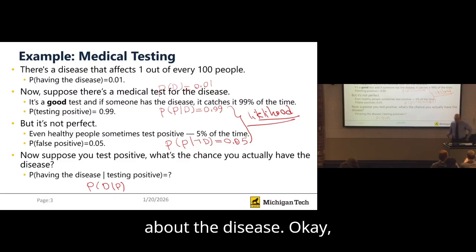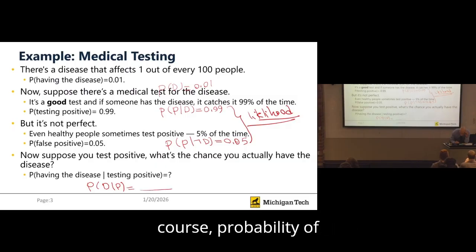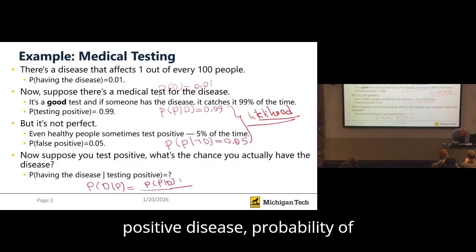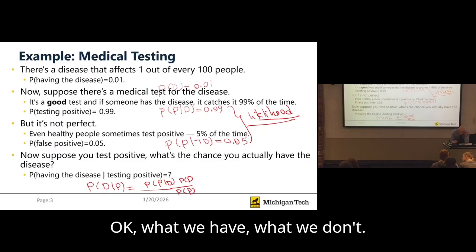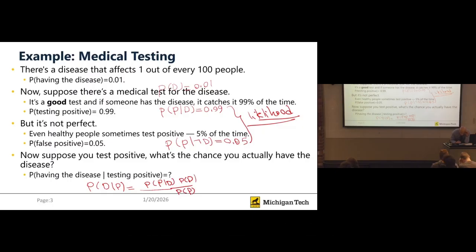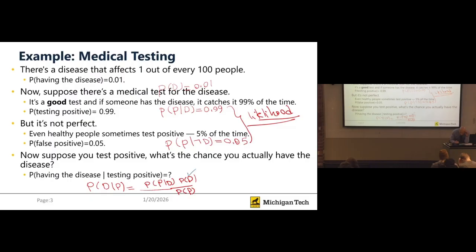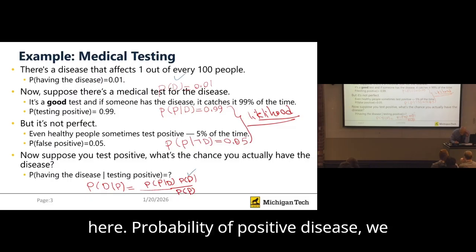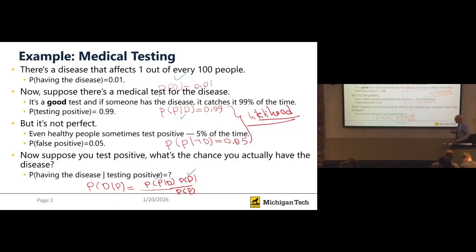So we have this likelihood, and we want to update our belief about the disease. This is coming from Bayes formula, of course: probability of positive given disease, probability of disease, over probability of positive. What do we have, what don't we? We have most of them. We have the probability of positive given disease, but we don't have the probability of positive.